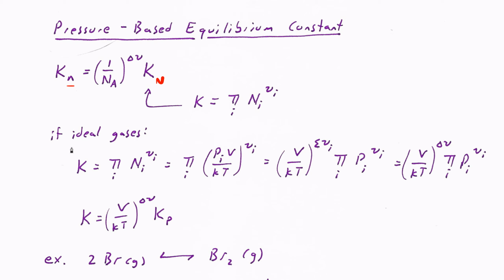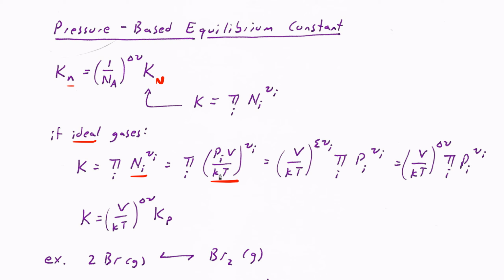If we're working an equilibrium problem using gases, and if we assume that those gases are ideal, then the equilibrium constant, which is the product of molecules raised to stoichiometric coefficients, uses the number of molecules of a gas, which is just PV over KT if the gas is ideal. So if I rewrite number of molecules as PV over KT raised to the stoichiometric coefficient, this is another way of writing the equilibrium constant.